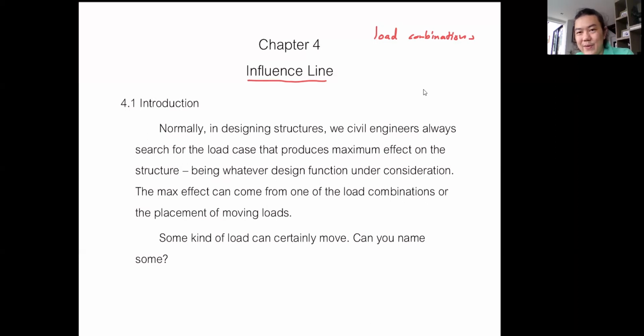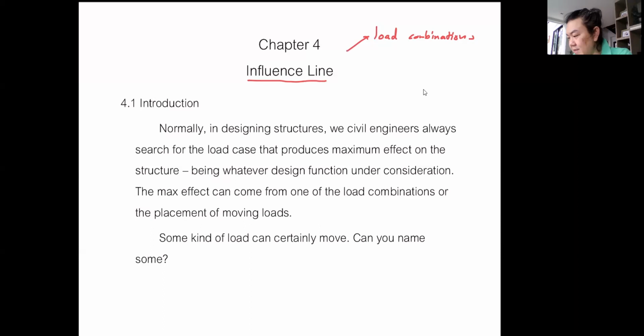So we need to handpick the practical or realistic combinations of load that will occur on your structure, because you cannot throw everything at your structure and try to design for it to survive. That would not be very economical. So one thing is that we need to find the proper load combination to put on the structure and make sure that your structure will survive those combinations.